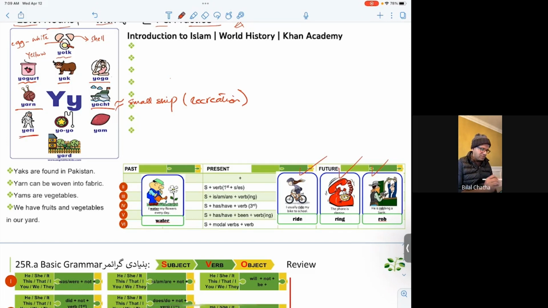Next word here is yeti. A yeti is, let me remember. A while ago we did this word called dragon. What kind of creatures are dragons? Raise your hands. Khadija.